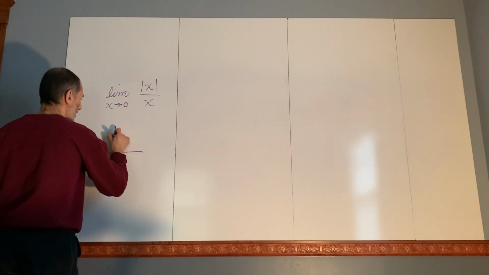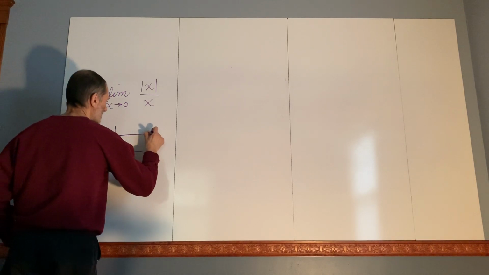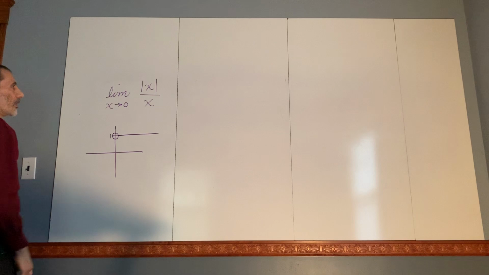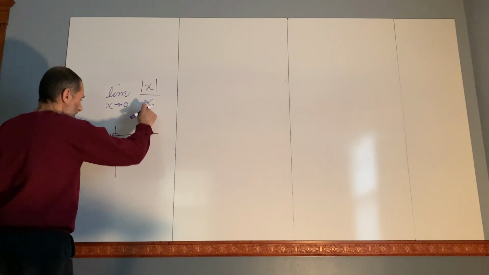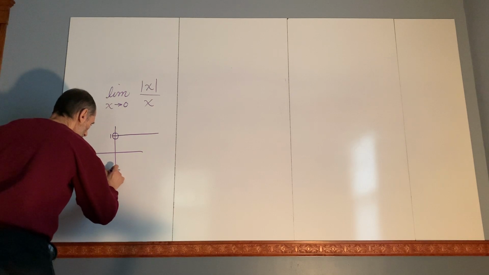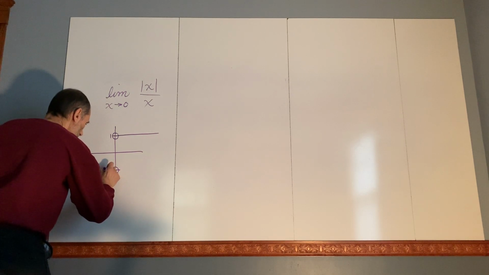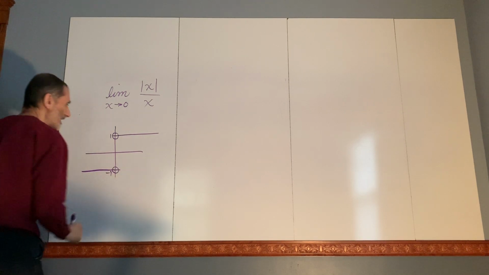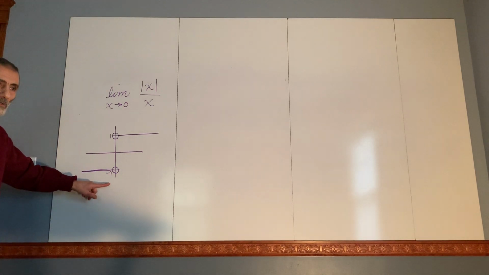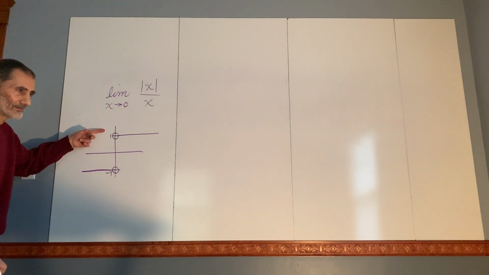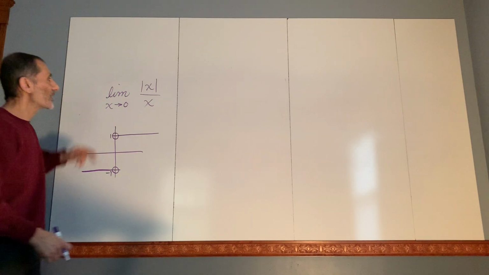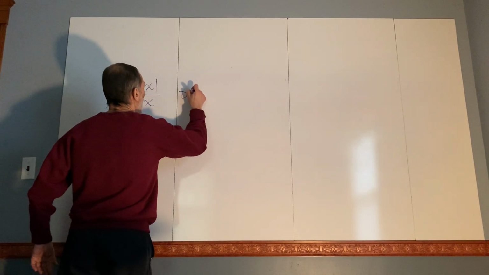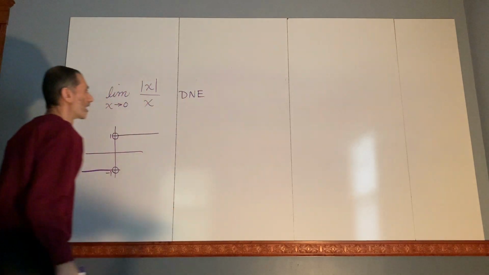And so, for positive values of x, we've got 1. When x is negative, the absolute value of x equals the negative of x. And we've got y equals -1. At 0, there is a jump. And it's called a jump discontinuity. At 0, the limit just does not exist.